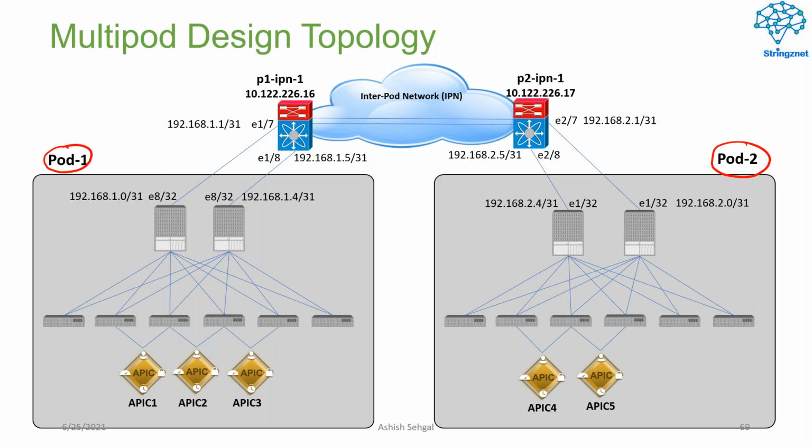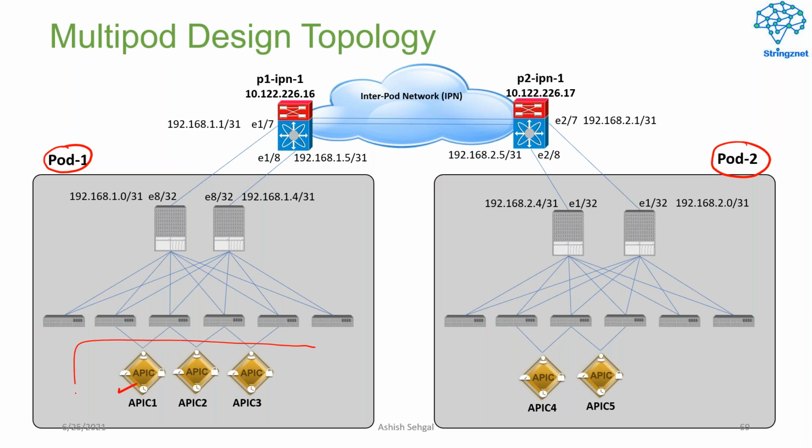Now, all the users, they will be connected to the leaf switches, and definitely we want that these two pods, one on the first floor and one on the 8th floor, they need to be connected to each other, and we want that all those devices should be centrally managed from only one single controller.